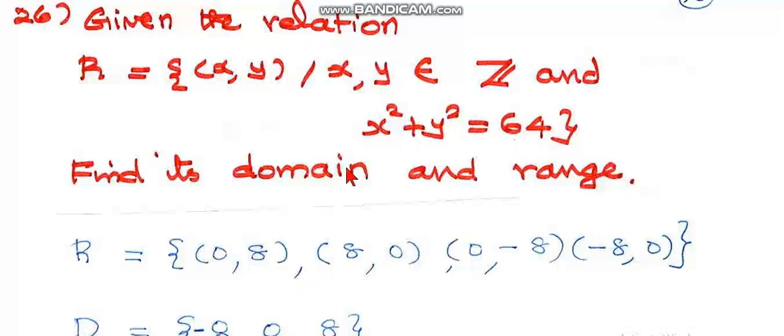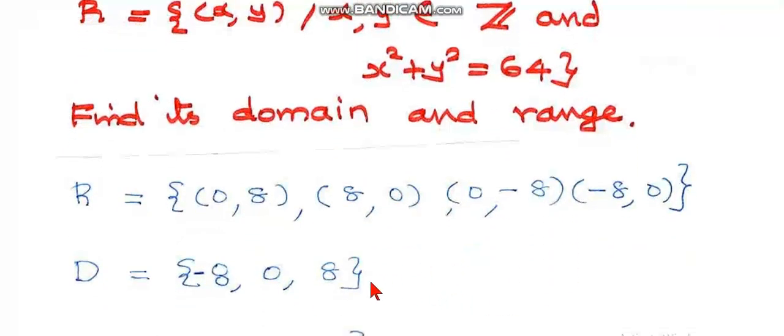The values that will satisfy x square plus y squared equal to 64 in the set of integers are 0, 8, 8, 0, 0, minus 8, minus 8, 0. So the domain is minus 8, 0, 8. The range is minus 8, 0, 8.